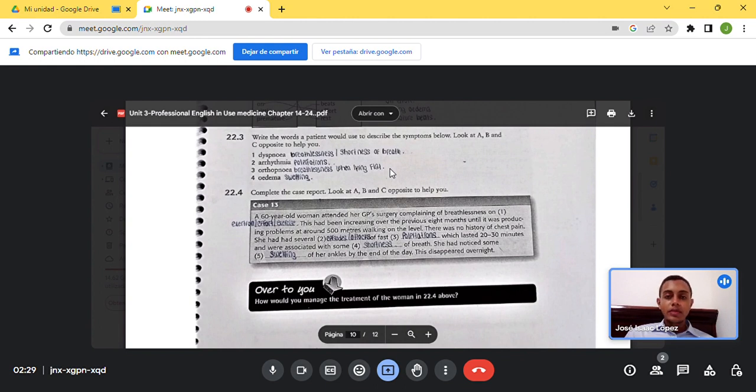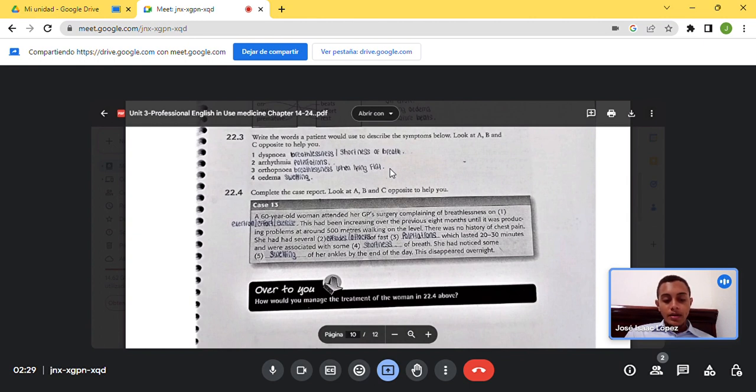Ok, dice acá que una mujer de 60 años de edad acudió a la consulta de su médico de cabecera, quejándose de disnea de esfuerzo y de ejercicio.